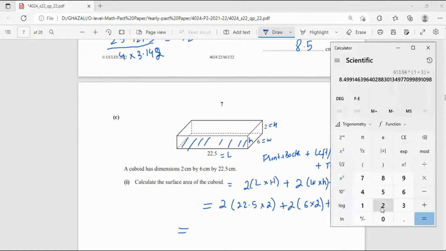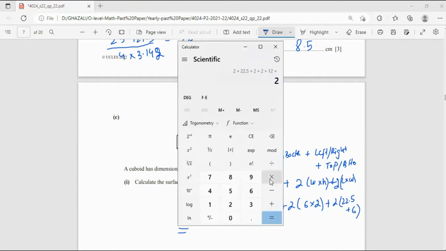Now 2 multiplied by 22.5 multiplied by 2, plus 2 multiplied by 6 times 2 is 12, plus 2 multiplied by 22.5 multiplied by 6. Now we get the answer 384.